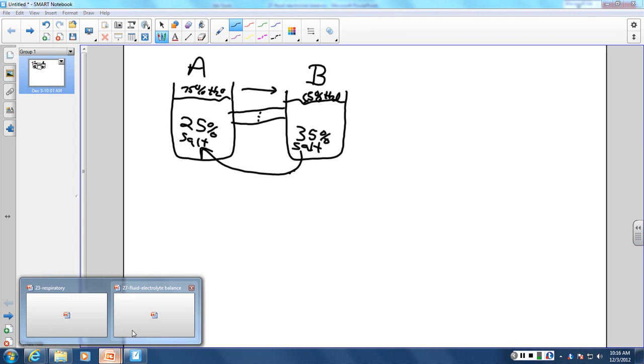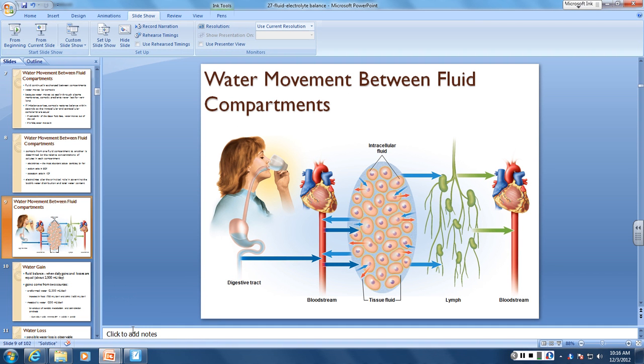Exactly. So osmolarity is what determines the movement of water by osmosis. Okay? So remember we talked a little bit about this: why is a person who has hypertension told to reduce their salt intake?